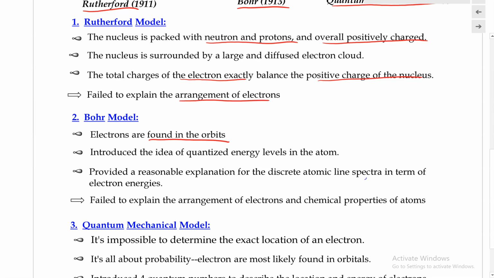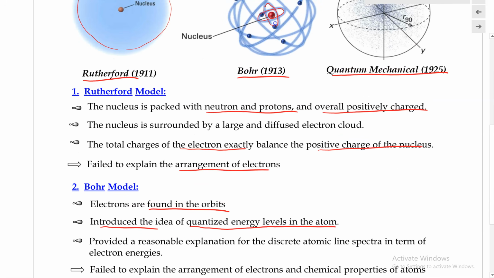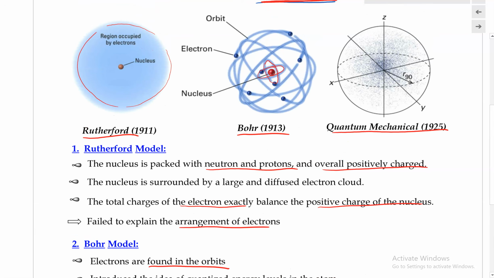The nice thing about the Bohr model is that it introduced the idea of the quantized energy level in the atom. Each of these orbits is called a quantized energy level. Basically, it means that an electron can only be in these orbits, but can never be in between them.